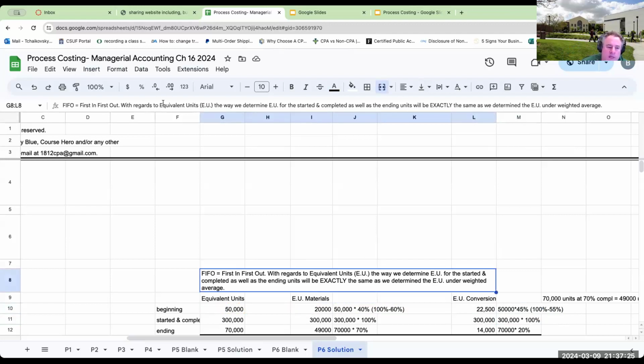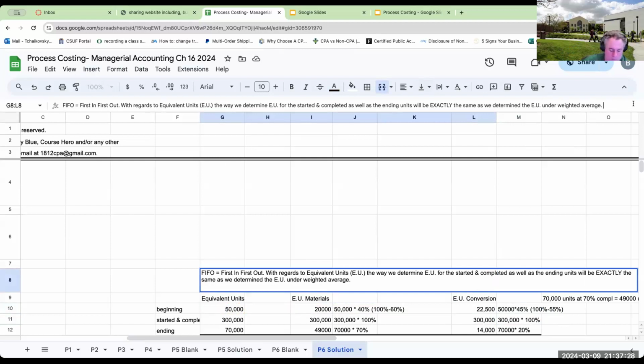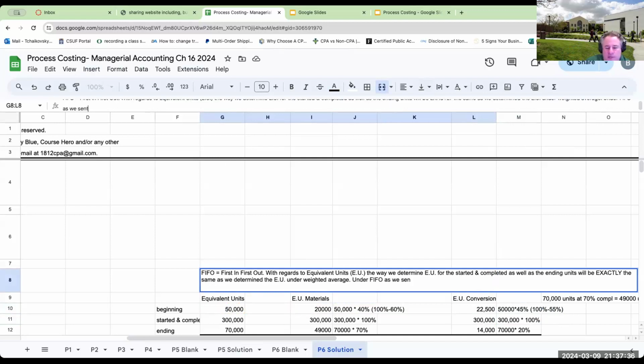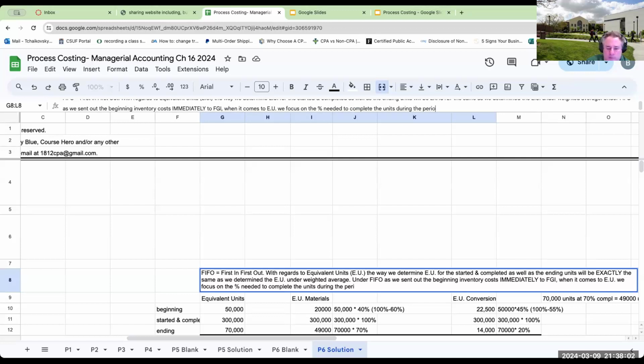So what we can say here is, as we sent out the beginning inventory costs immediately to finished goods inventory under FIFO, when it comes to equivalent units, we focus on the percentage needed to complete the units during the period.